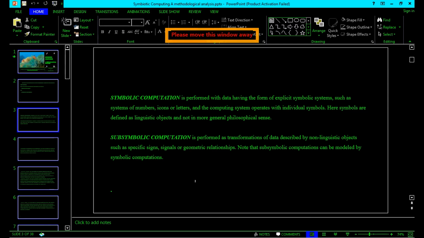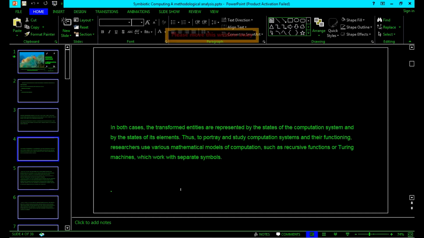As I already said, now all artificial neural networks are actually simulated by conventional computers. In both cases, that is symbolic and sub-symbolic, the transformed entities are represented by the states of the computation system and by the states of its elements.